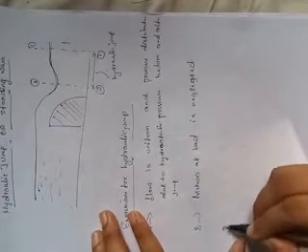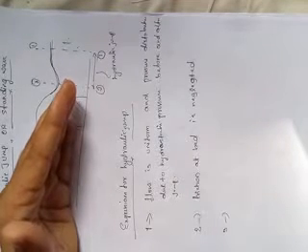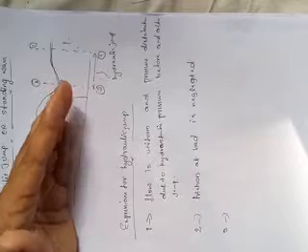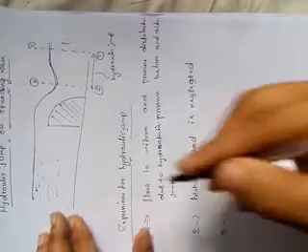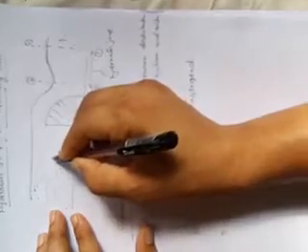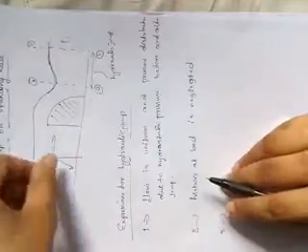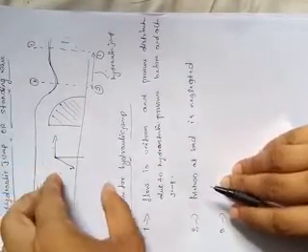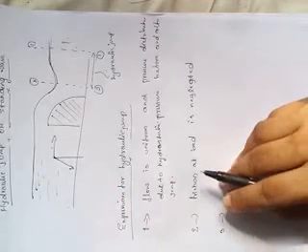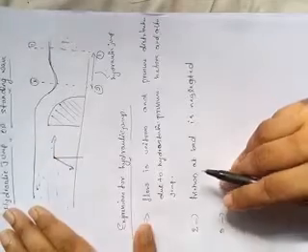The third assumption we made: the slope of the bed of the channel is very small. When water is flowing on a slope, a component of the weight develops in the flow direction and another perpendicular to the flow direction.